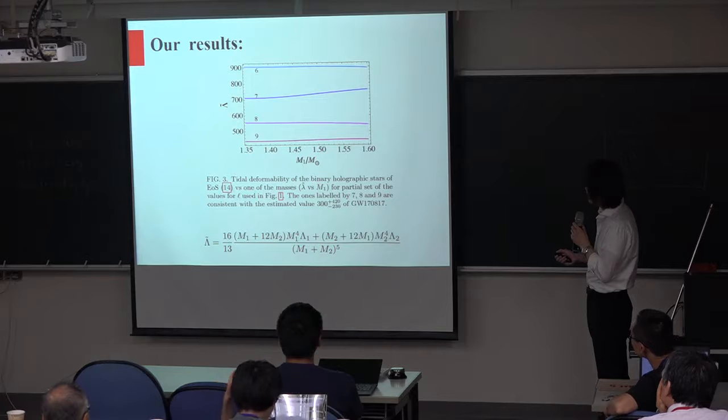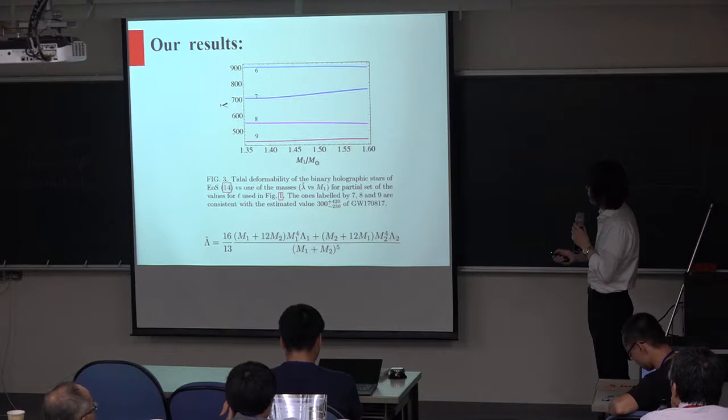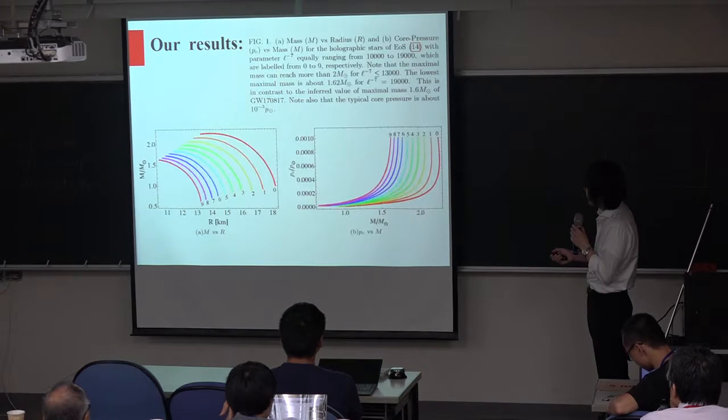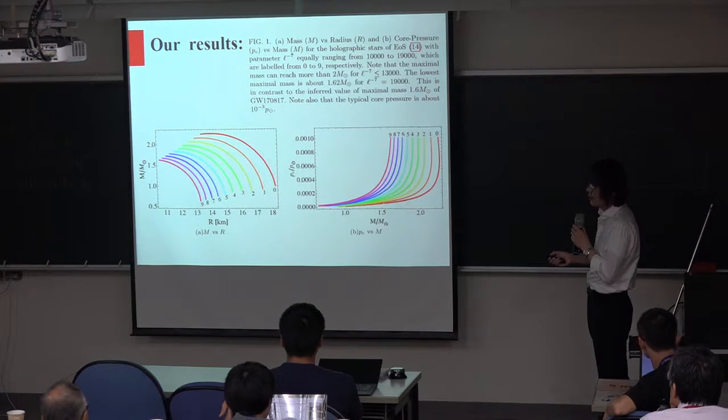But one needs to be careful that when L to the -7 is within these values, their masses are not so large. You see, those four lines only reach as high as 1.6 or 1.7 solar masses. So that's the weak point of our current study.